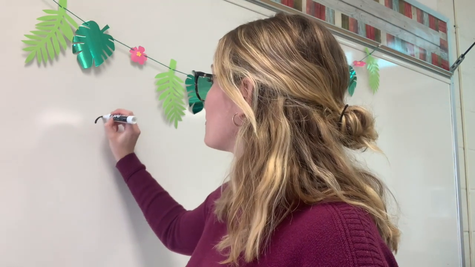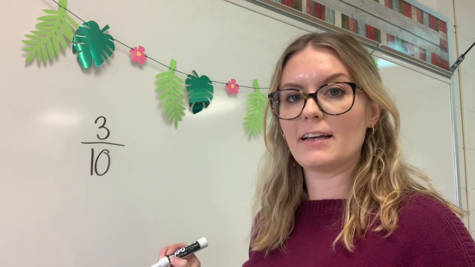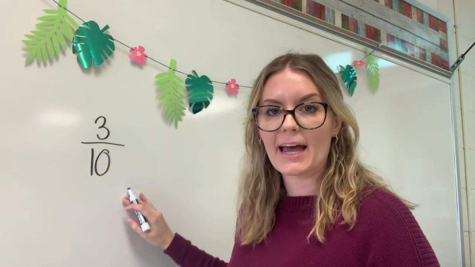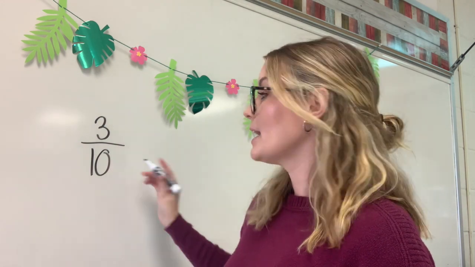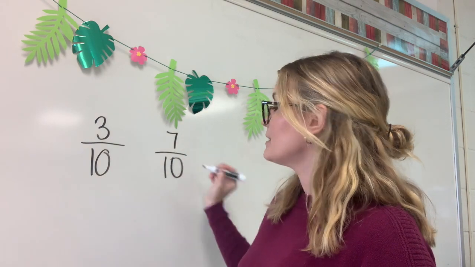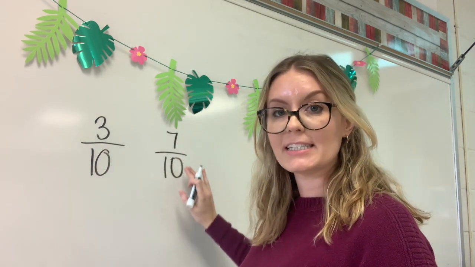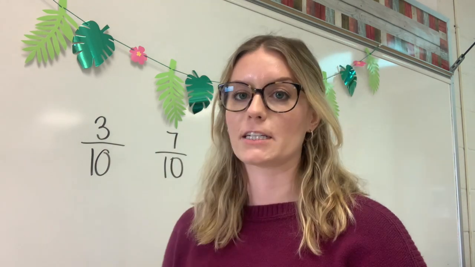So if we have a numerator of 3 and a denominator of 10, we don't say "3 over 10" when we talk about fractions. We're going to say 3 tenths. If we have 7/10, we're going to say 7 tenths. A mixed number has a whole number and a fraction.